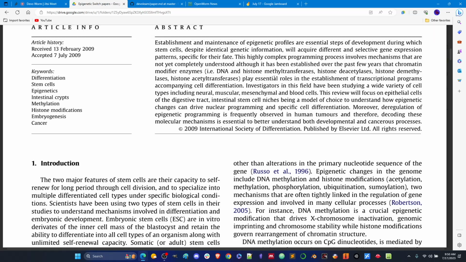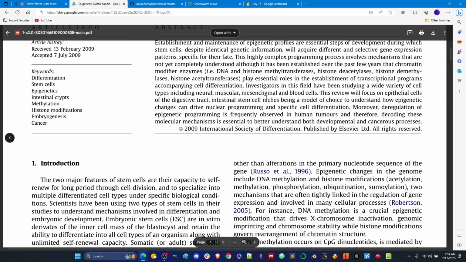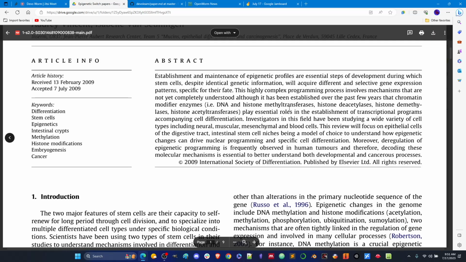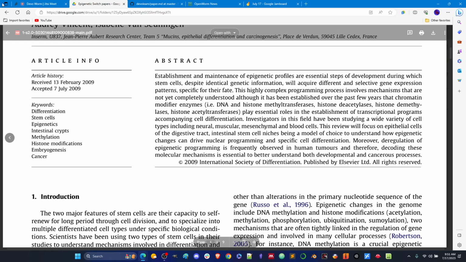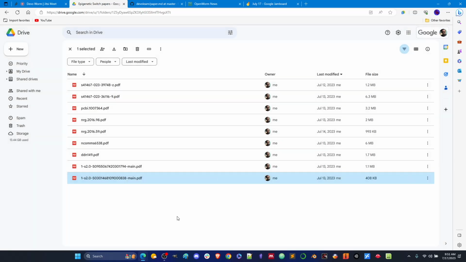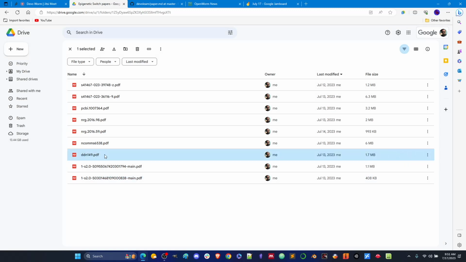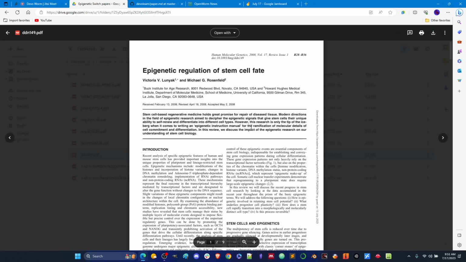These epigenetic transformations play essential roles in the establishment of transcriptional programs accompanying cell differentiation. And so they talk about that quite a bit here. I think this is mainly in mammals. In C. elegans, I don't know if they've established what the actual markers are.